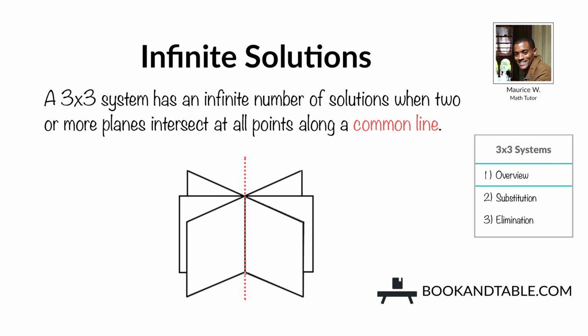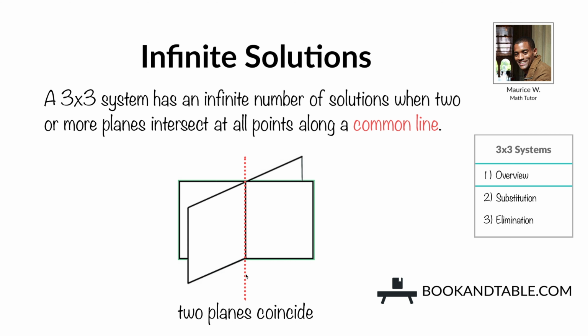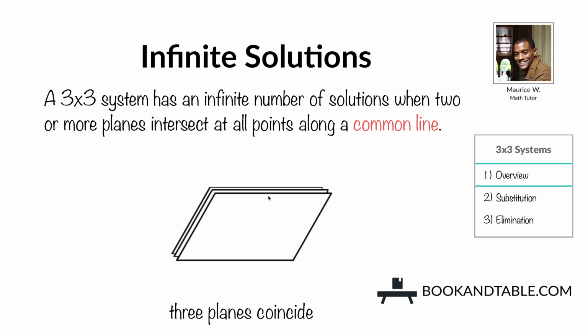And there are several other scenarios that can produce an infinite number of solutions, such as two planes coinciding with each other. So they're the same plane. So here we have two planes that are the same, and they're intersecting another plane. Again, all of these planes are positioned the same way. So when they intersect, you have an infinite number of solutions. And you can also have all three planes coinciding.